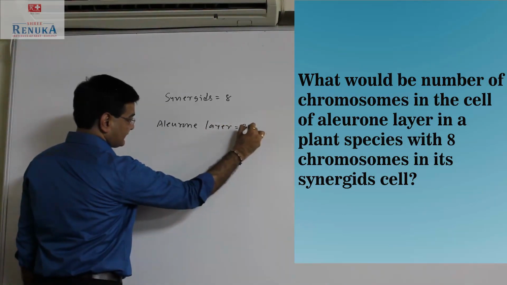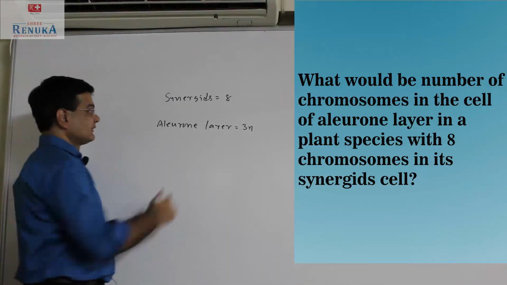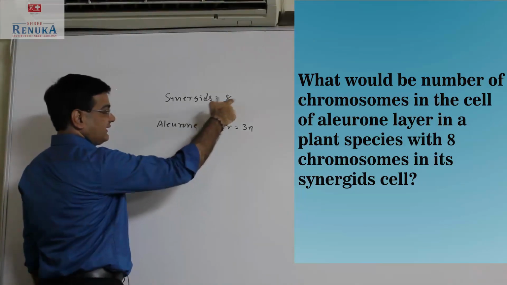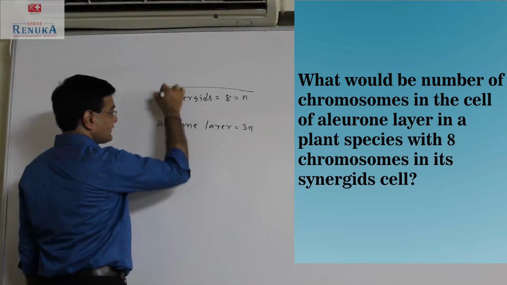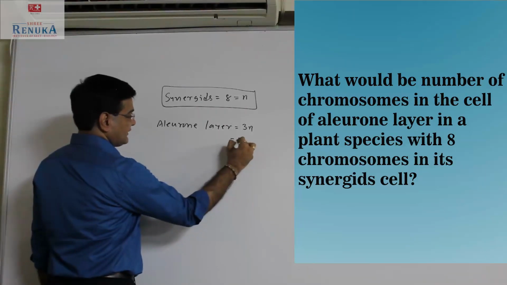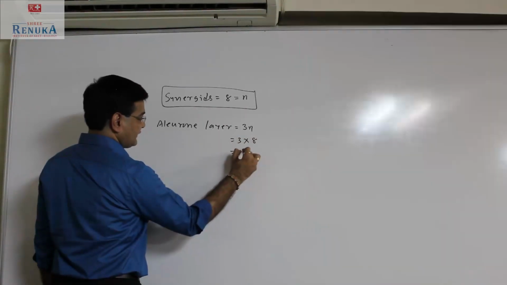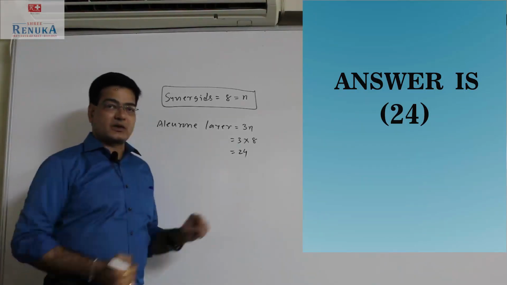As I talked earlier, aleurone layer is a kind of endosperm, and it is a triploid. Here synergids contain 8 chromosomes, but synergid is haploid, and that's why n is equal to 8. And so 3 into 8, the 24 chromosomes are found in the aleurone layer in this question.